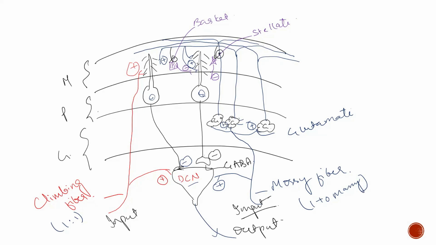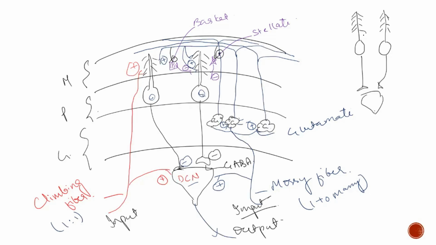Now, let me take like this, if these are many Purkinje cells, okay, they are making inhibitory connections with the deep nucleus. These are the dendrites for these Purkinje cells. There is another Purkinje cell. These are dendrites for that Purkinje cell. That is also coming.